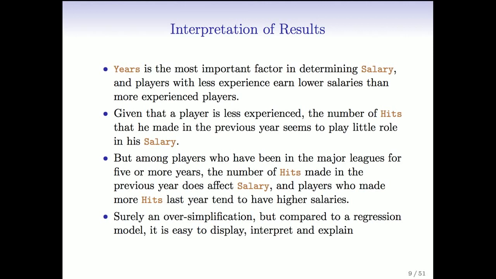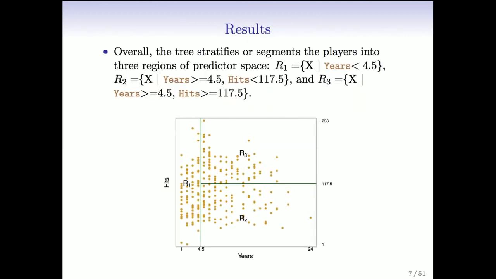Now, again, this gets to the point that I said earlier. It's a very simple tree, which makes it very easy to display and interpret, right? There's no equation. One thing that sometimes scares non-statistician collaborators, if they don't know much math, is that when you write an equation down for a model, it's intimidating, not very attractive to them. One nice thing about a tree is that the tree is the model.